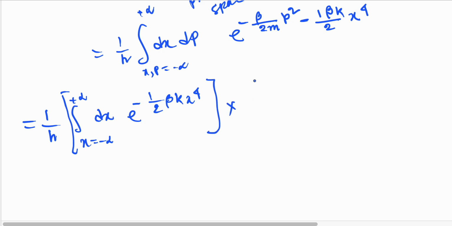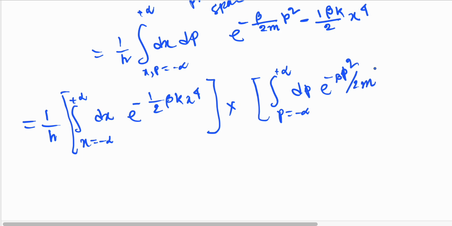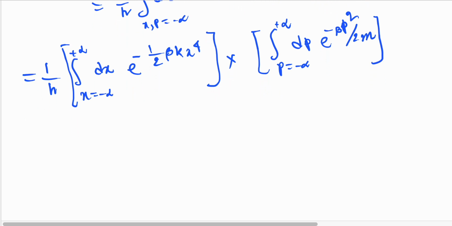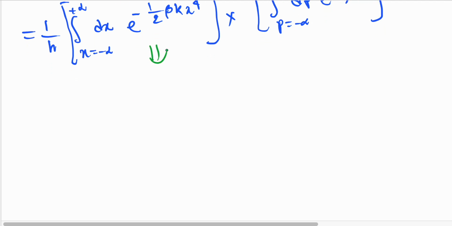There is another integration, from minus infinity to plus infinity dp of e to the power minus beta p squared by 2m. Okay, so let me separately do this integration. First let me do this integration, the integral from minus infinity to plus infinity dx e to the power minus beta k x to the power 4 by 4.